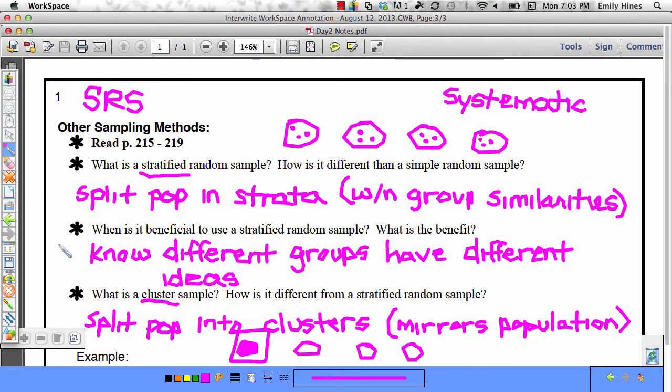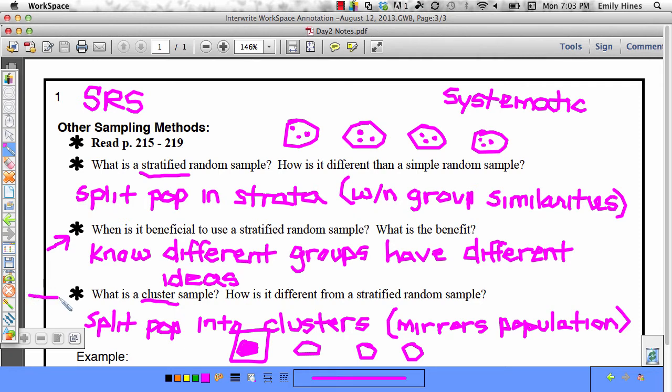A good stratified method would be to stratify by age. So I have all the elderly people in a group, all the middle-aged people in a group, all the younger people in a group, because younger people are going to have a very different view of Social Security reform than older people because it's further down the road from them. It affects them less at the moment. Okay?